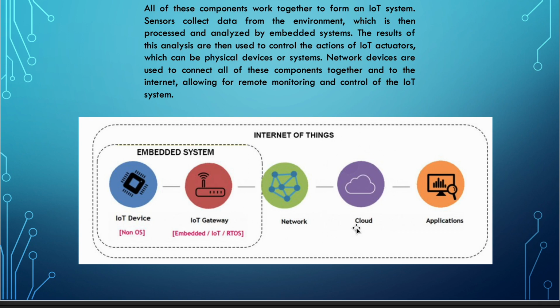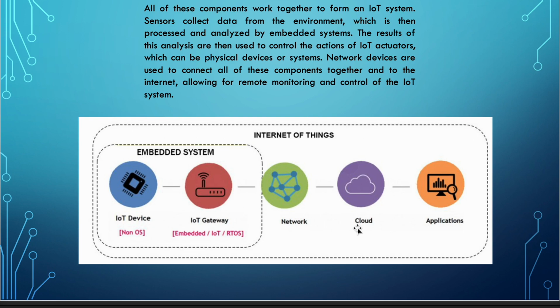From the network it will go to the cloud, where we can use cloud resources to process the data collected, and so on. And the application layer is there for humans to interact with these IoT devices and to understand what these devices have collected as a set of data.